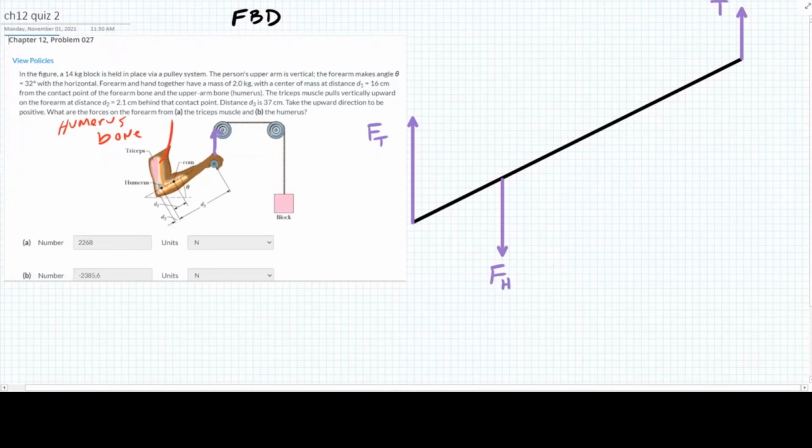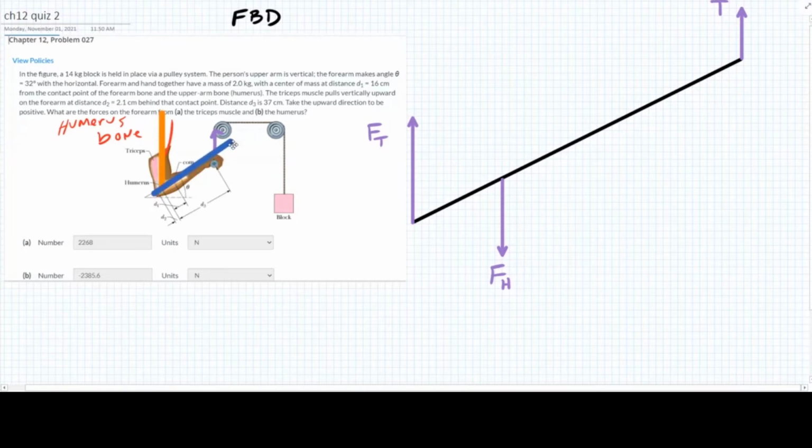Because here's the humerus bone. I'm showing the humerus bone right here, maybe making it more obvious. This is the humerus bone that I'm just drawing. I'm exaggerating the size and the length of it. This is the forearm bone right here.